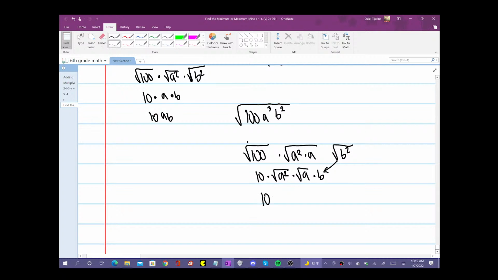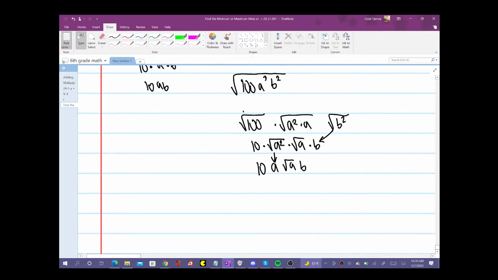So this should be 10 a square root of a times b. Sorry, guys. It should be 10 AB square root of a. You can also write it in exponent form if you want, but you don't have to. It just depends.